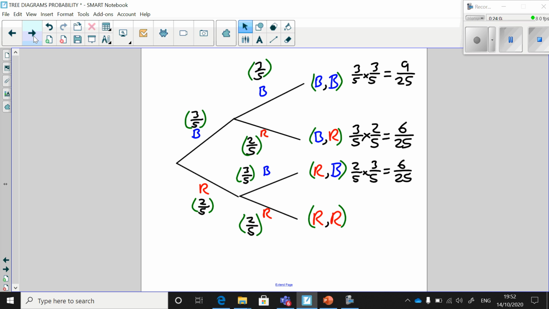And finally, red, red. Multiply your probabilities together. That's your tree diagram with your combinations, your picks: blue-blue, blue-red, red-blue, red-red, with the associated probabilities. 9, 6, 6, and 4 add up to give you 25 over 25, which is 1.